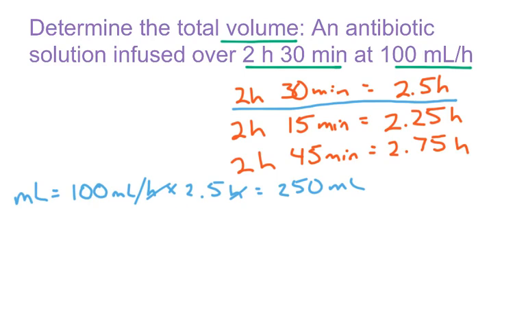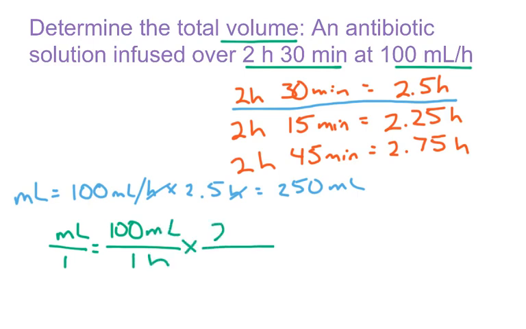If you did want to see it with dimensional analysis, it's milliliters over 1. You're looking for milliliters, and that's in my flow rate. It's 100 milliliters per 1 hour. And we have 2 hours and 30 minutes, which is 2.5 hours, over 1. And you should still get the 250 milliliters.